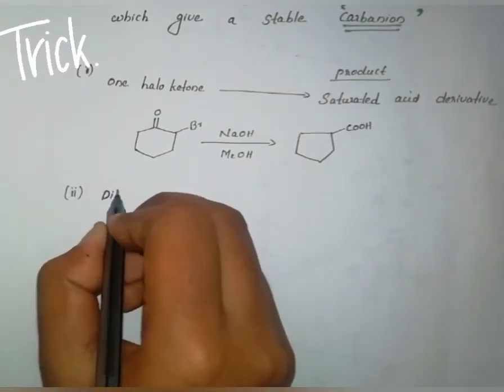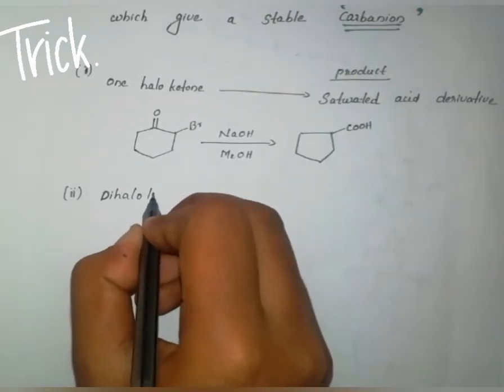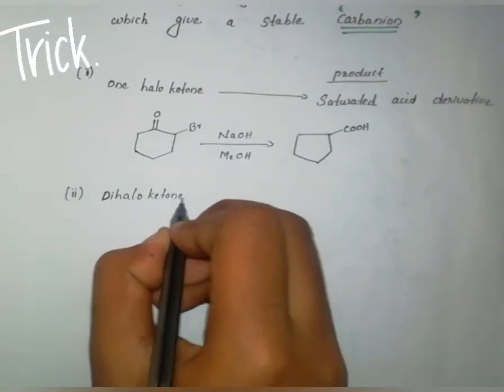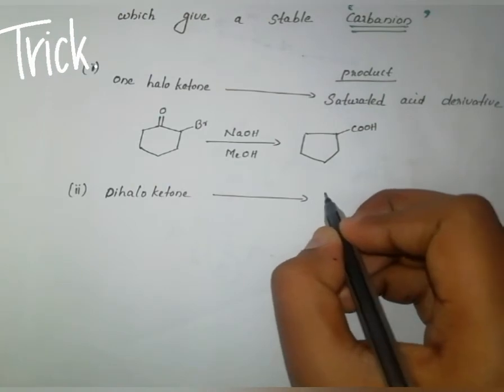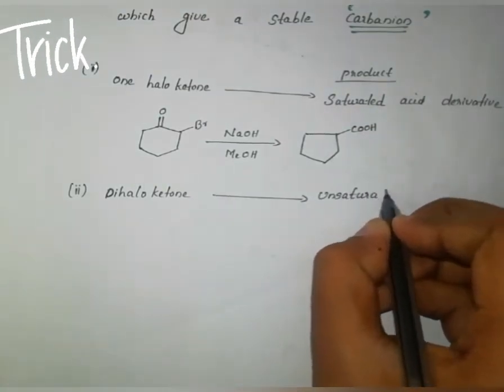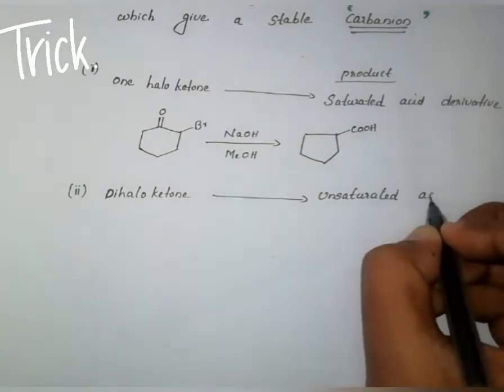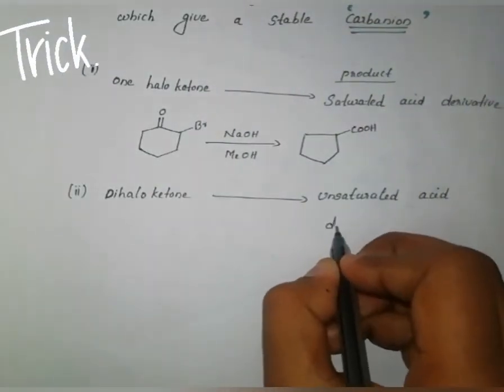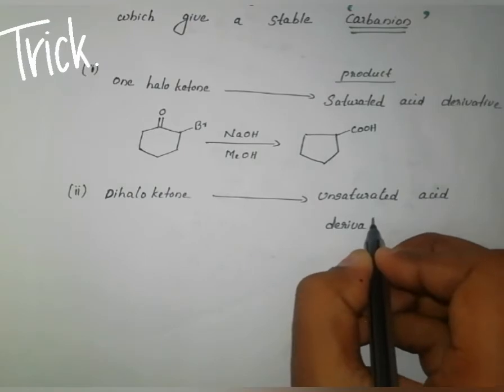And if it is a dihaloketone, then the product is an unsaturated acid derivative.